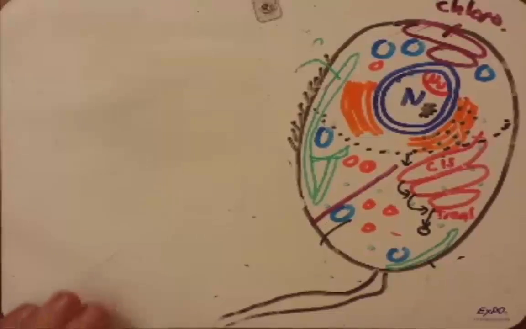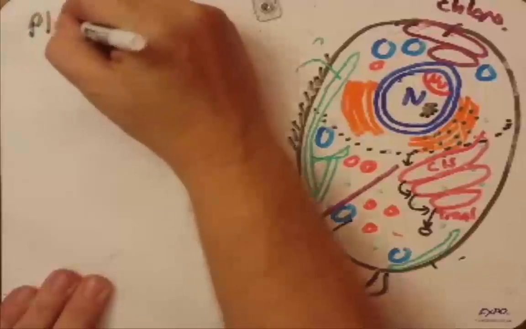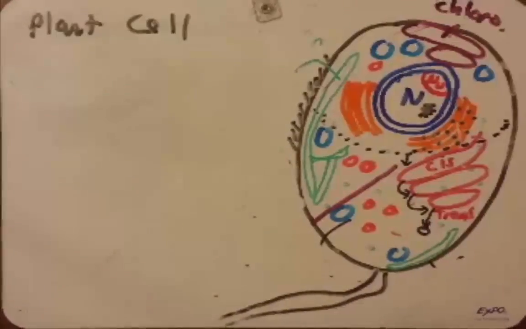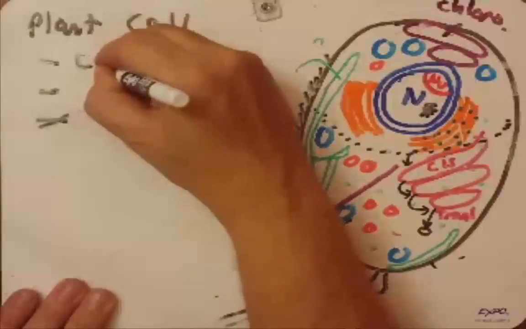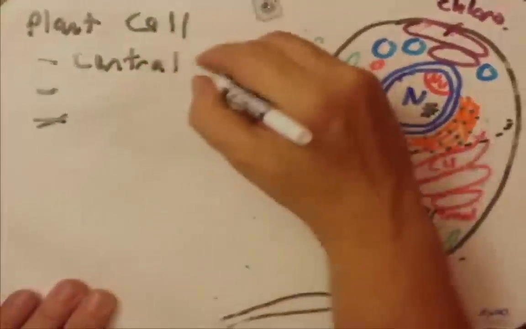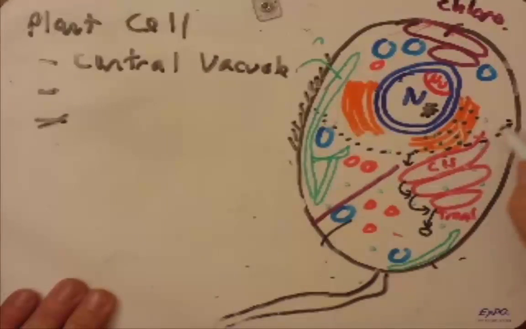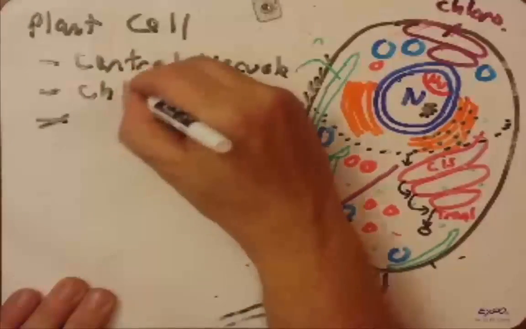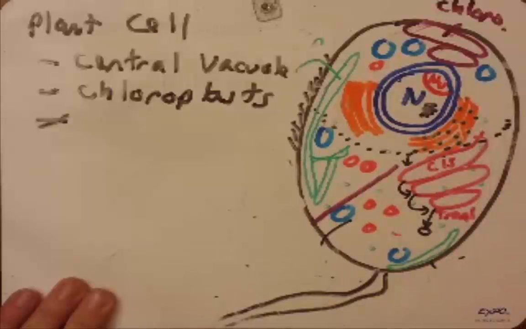So what have I drawn here? Is it a plant cell or is it an animal cell? Well, there are features here that might make you think it's a plant cell, and there are features here that might make you think it's not a plant cell. These are the things common to plant cells. They have that central vacuole, which I indicated with this dotted line. They also have chloroplasts, which are up here.